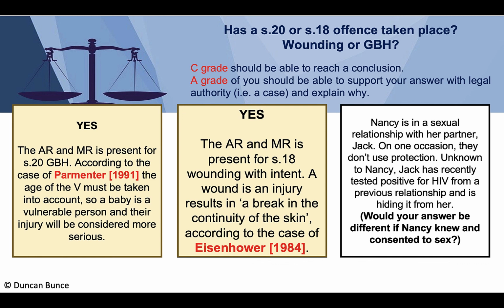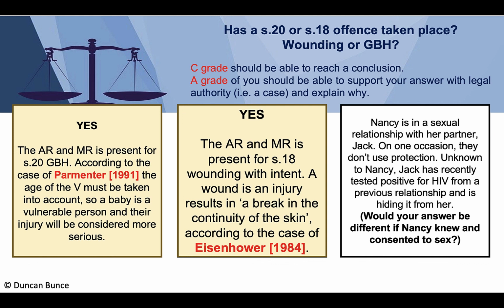They will always discuss both offences together before reaching a conclusion. Because, of course, section 20 and section 18 have the same actus reus effectively. It's only the mens rea that's different. So you should approach it by explaining both, and then give your view as to why you think it's one or the other. And there's usually a bit of flexibility in the exam on this.